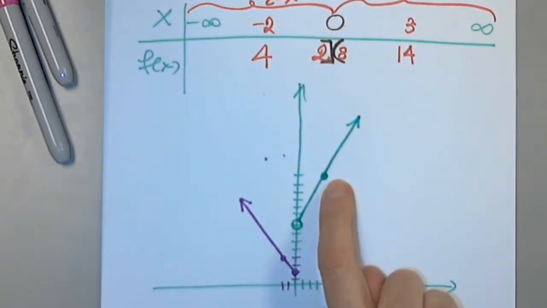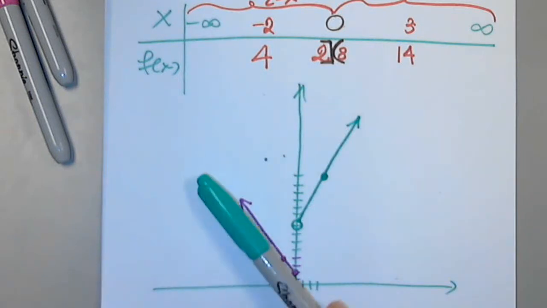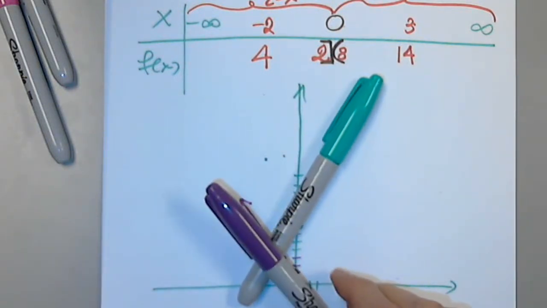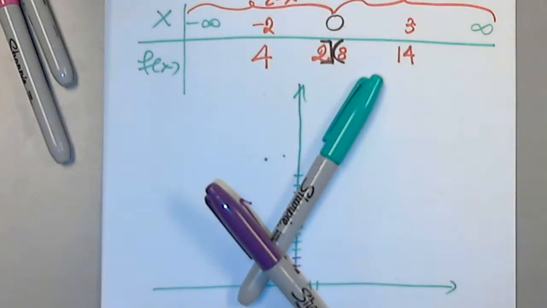And you understand that the green graph cannot go to the other side, to the left side. The purple cannot go to the right, and the green cannot go to the left. If I make that mistake and extend these, is this a function? No, not anymore. By the vertical line test, it's not going to be a function.